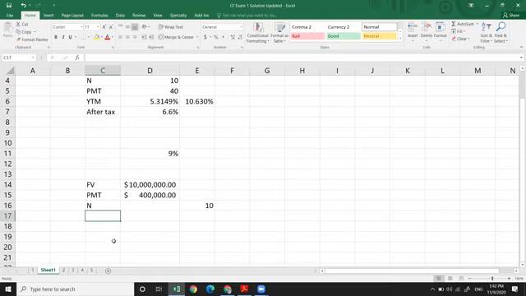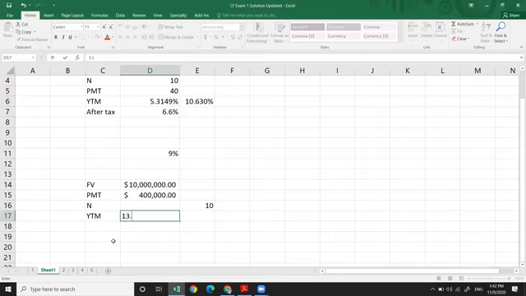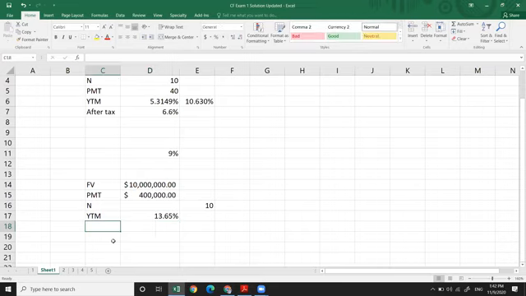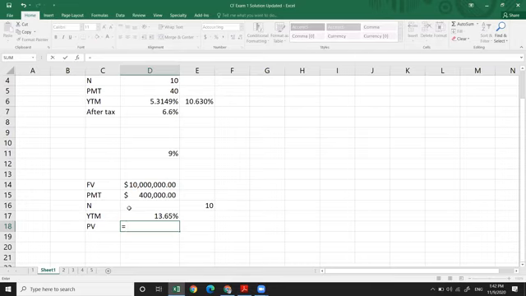Then we have YTM equal to 13.65%. And if you want to find the present value of the bond, we enter the rate, which is given here, the number of periods, payment, and face value, and we will get a negative number.